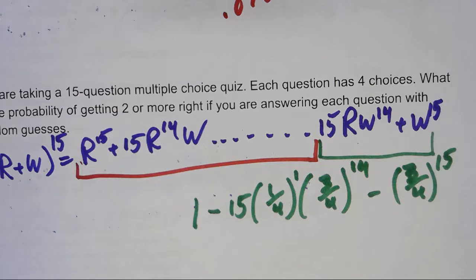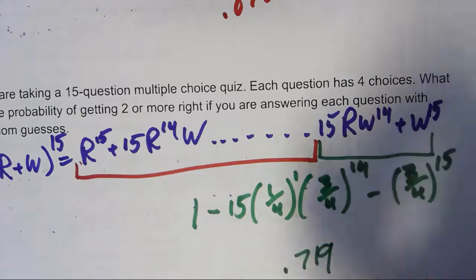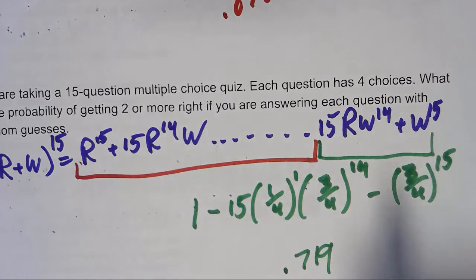And so when we calculate this, type this in: 1 minus 15 times 1/4 times 3/4 raised to the 14th minus 3/4 raised to the 15th. And so we get 0.719 as our answer. All right, hope this helps.